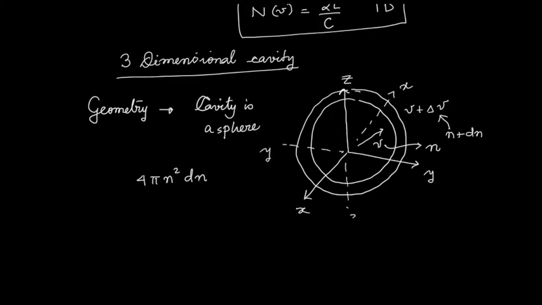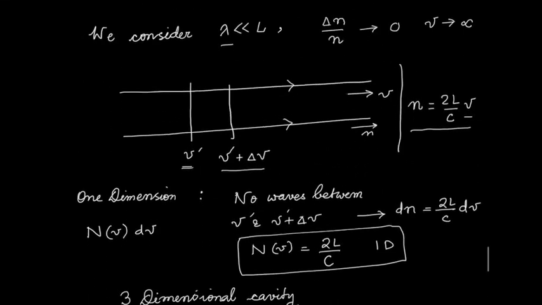There is a negative axis here, and there is a negative y here, and there is a negative z here. But my integer numbers, which give me the number of waves that can fit in, can only be positive. So out of 8 quadrants in this, only the quadrant where x, y, z are all positive, I have to consider only those. So the number of modes which can fit in is actually given by this.